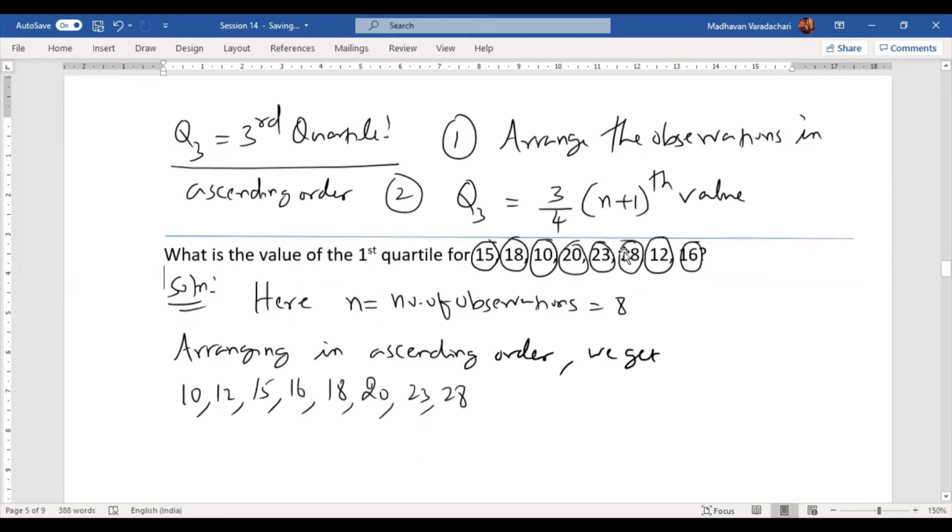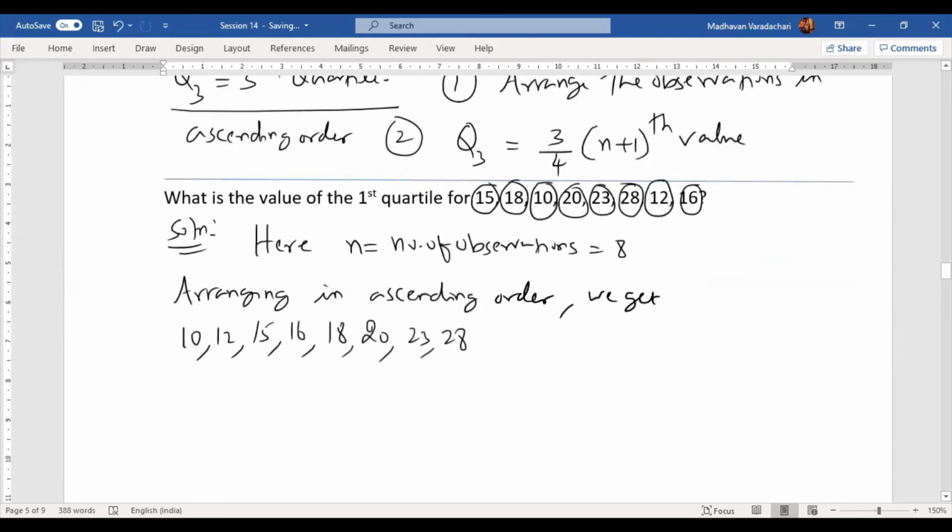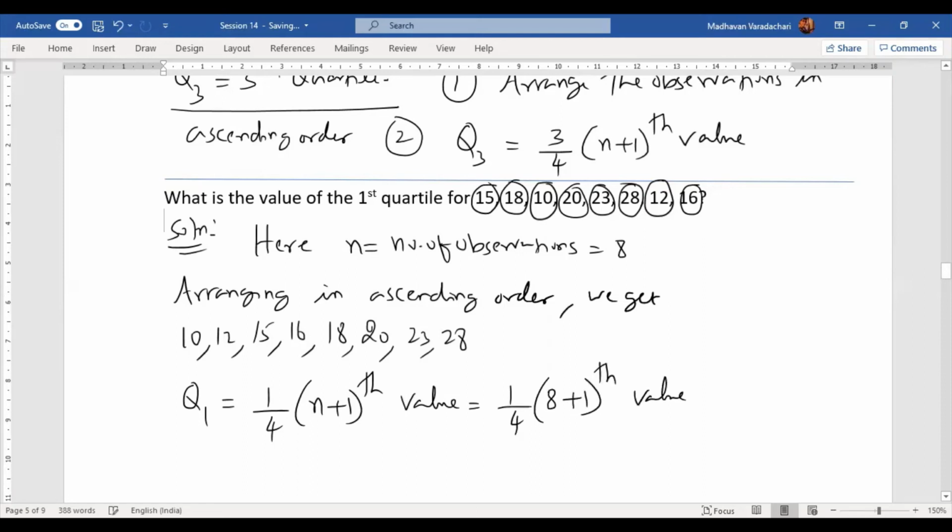Now let us calculate quartile 1, which is 1/4 of (n plus 1)th value. What is n? It is 8 plus 1, so 9/4th value.